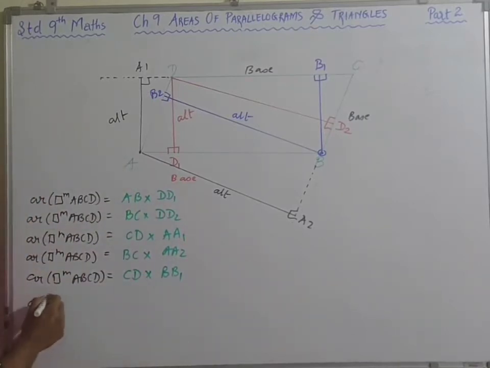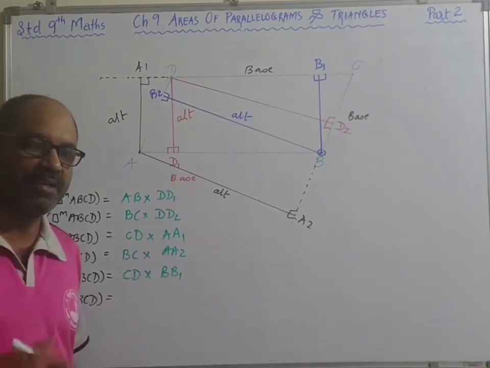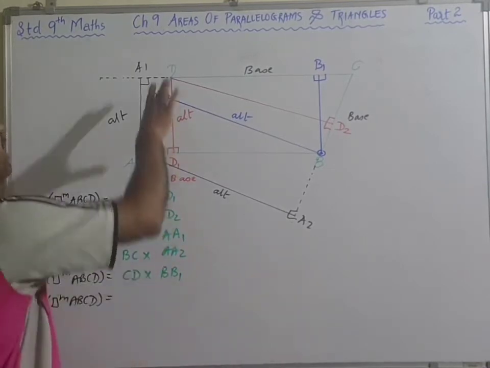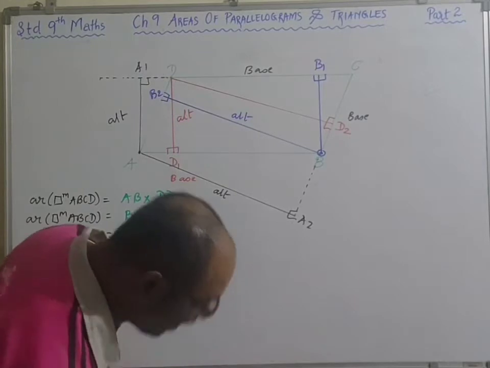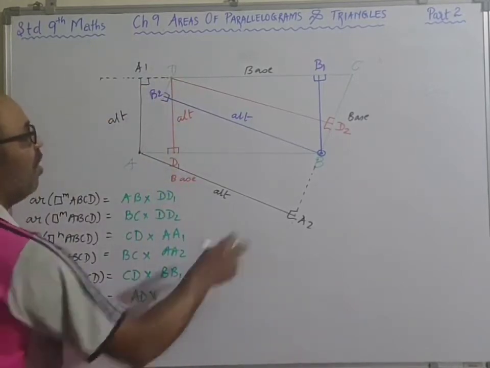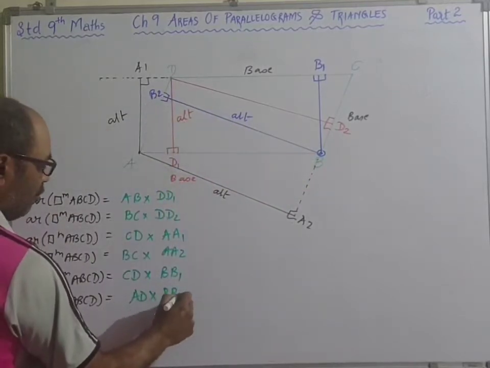We can find area of parallelogram ABCD. For any parallelogram, the formula to find area is base into corresponding altitude. Obviously, what is the base we have taken in this case? Yes, AD is the base into the altitude corresponding to that base is BB2.